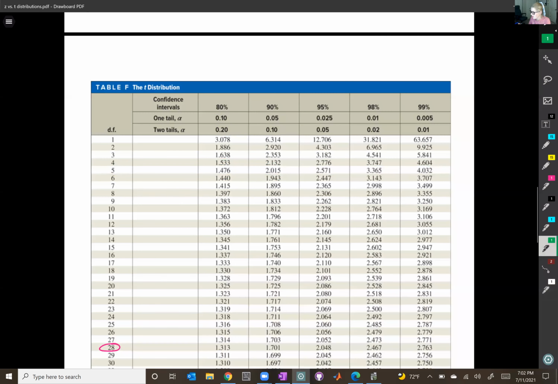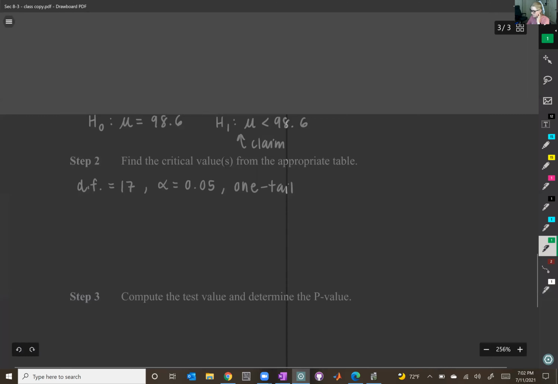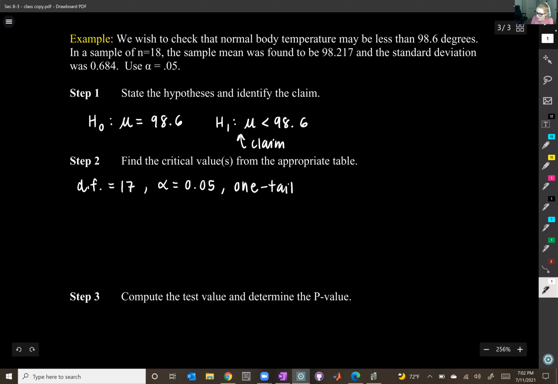Okay, all right, so we have degrees of freedom being 17. We have alpha equals 0.05, and it's a one tail. So we're going to see where that meets. And that happens to meet up at 1.740. Cool. So we have a critical value of 1.740.